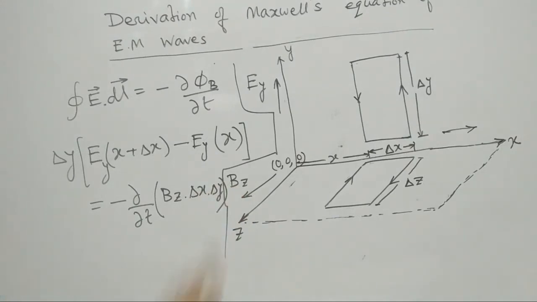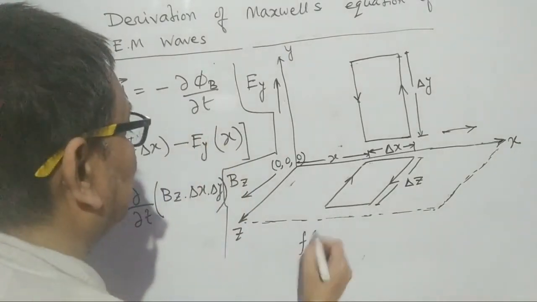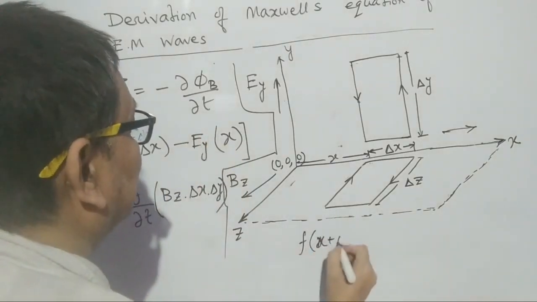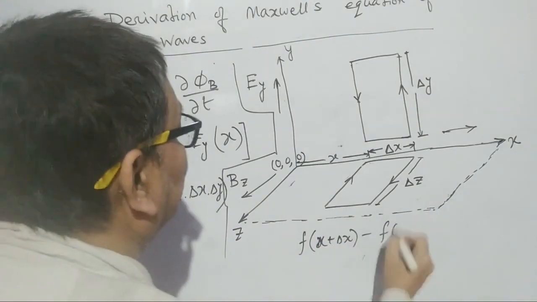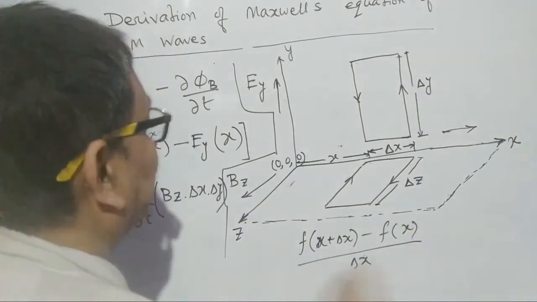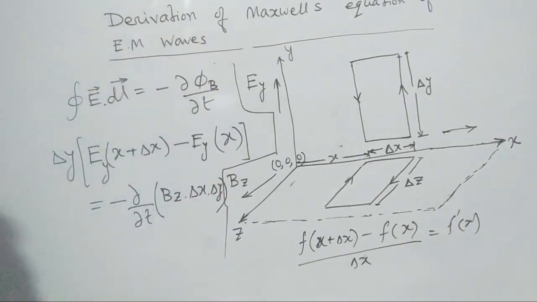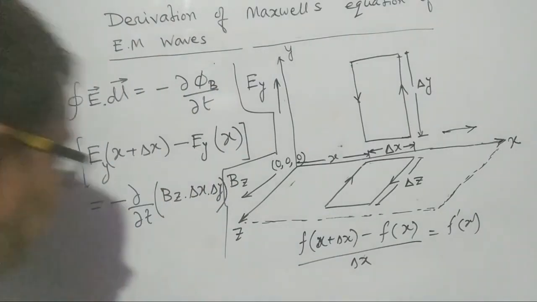Okay. Now again see, when we come with this type of equation, that some function at a distance x plus delta x minus some function at a distance x divided by delta x, then it gives f dash x. So this is basically the first principle.